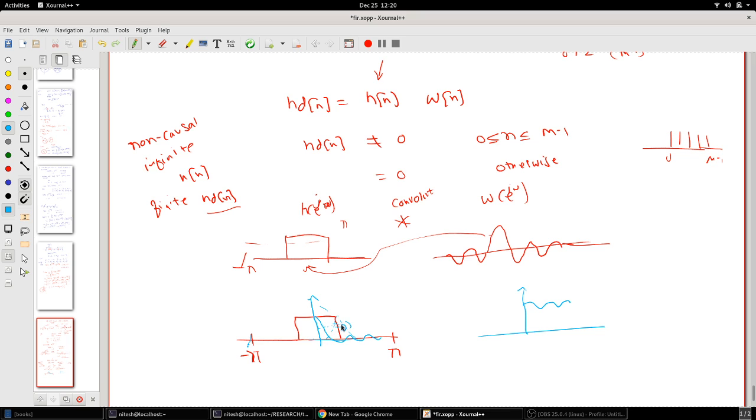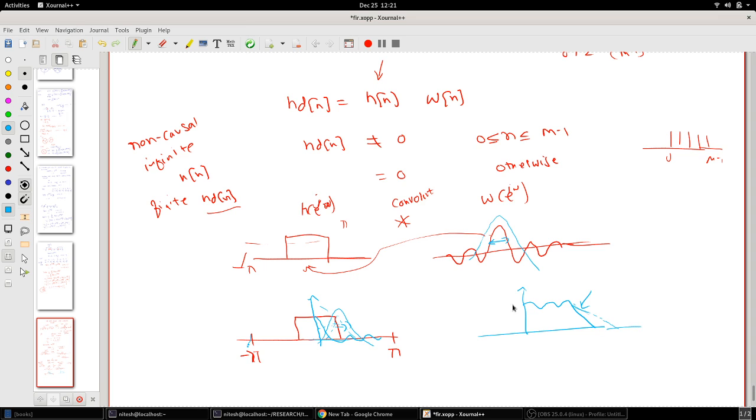Once I reach here, as I move here, this particular main lobe of the window is going to determine my transition band. So if this is wider, then I'm going to superimpose this here for the convolution operation. What is going to turn out is this particular transition band will be still wider.